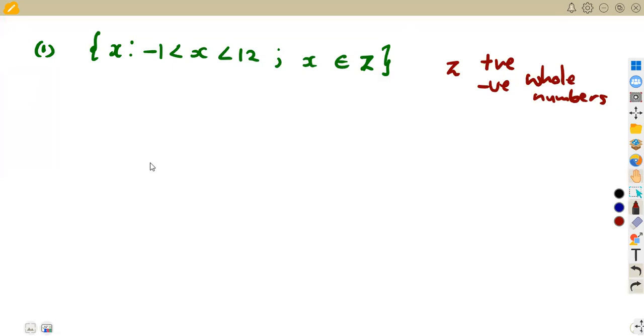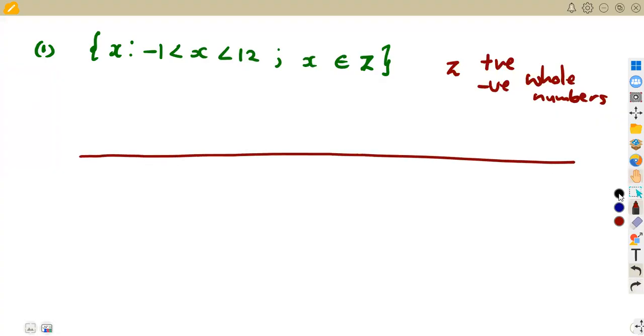So now talking about our number line. We are going to take our values because they are integers and we are given in between. Let's say we've got something of this nature. -1 is not part of our solution because X is greater than -1. If there is an equal to, it means -1 is involved.